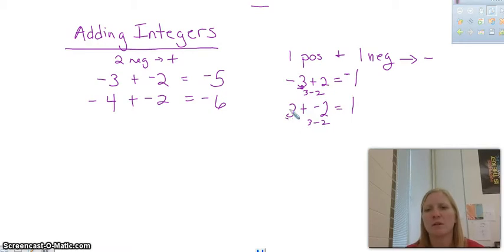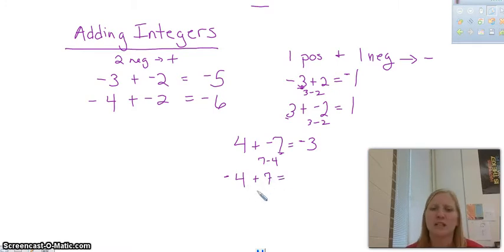But 3 is the bigger number, and it's positive, so this is going to be positive. 4 plus -7. 4 and 7, so 7 minus 4 is 3. 7 is bigger, 7 is minus, or negative, so -3. -4 plus 7. 7 minus 4 is 3. 7 is bigger and positive, so it's a +3. That's what we worked on last week.